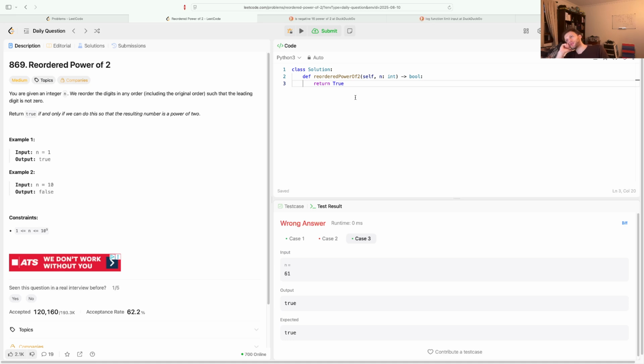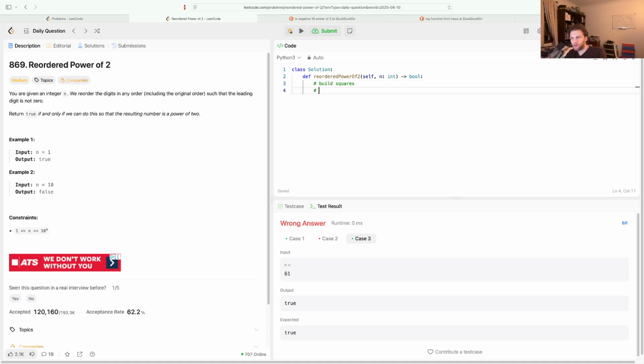I'm thinking we kind of store all the values that are up to 10 to the 9th and do like an anagram test essentially. So build the squares, right?